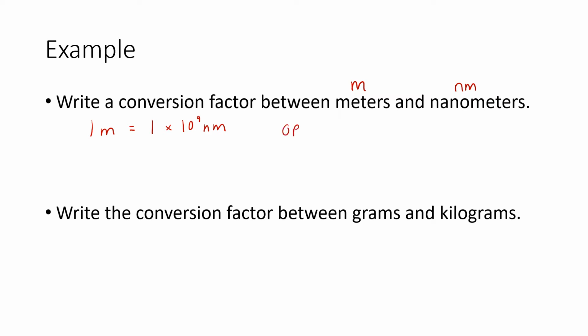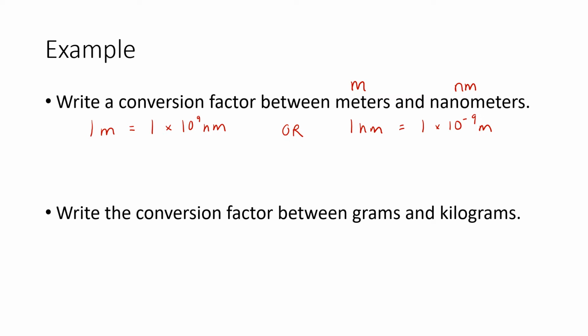Or if we read the numbers right off of the prefix chart the way they're written, we can say that 1 nanometer, which is smaller than a meter, is equal to 1 times 10 to the negative 9th meters. Both of those conversion factors are equivalent, and we could turn any of those conversion factors into a fraction if need be.